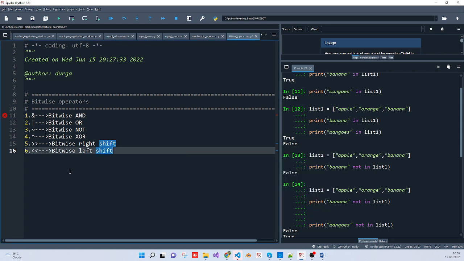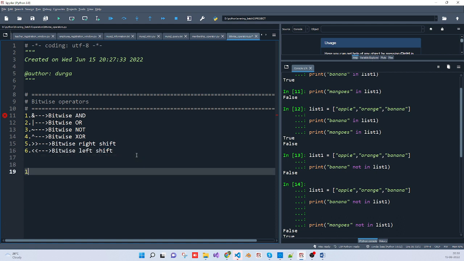Got it, guys? Bitwise left shift. Now, we will go one by one.